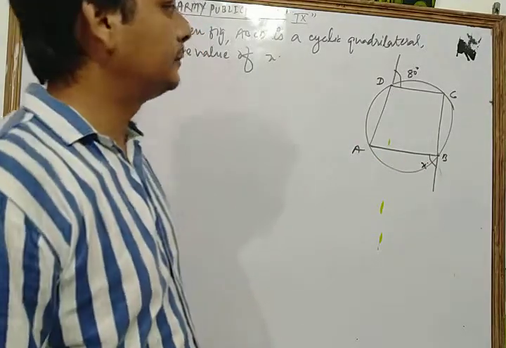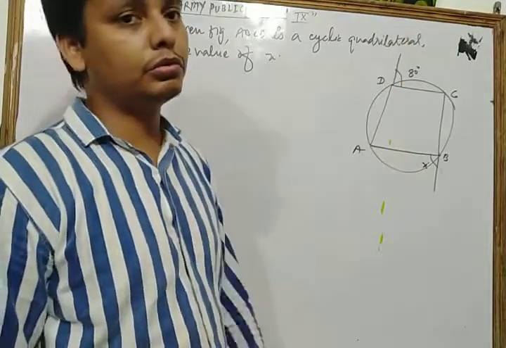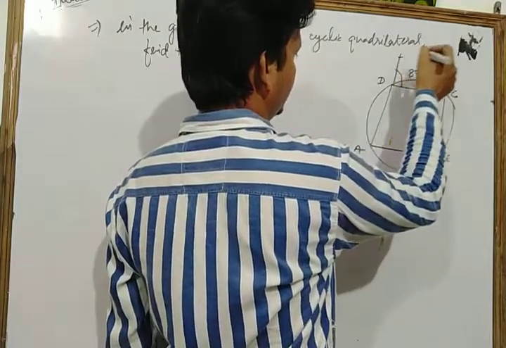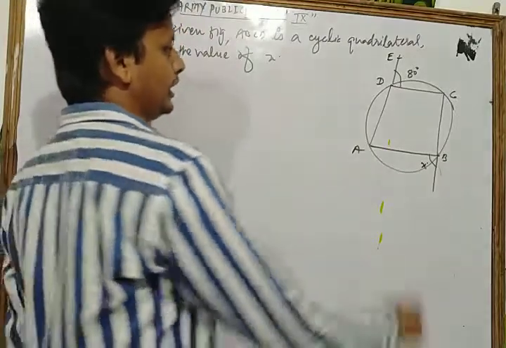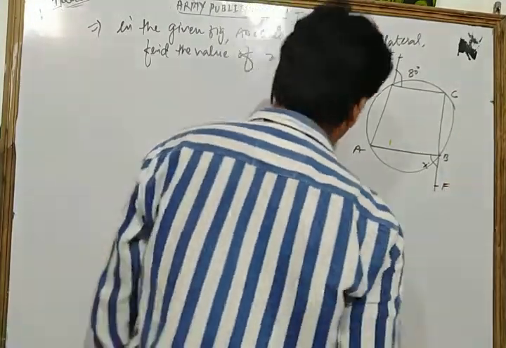Okay, let's see. In the given figure, suppose that AD is produced to E, and we suppose that CB is produced to F. Let's see its solution.